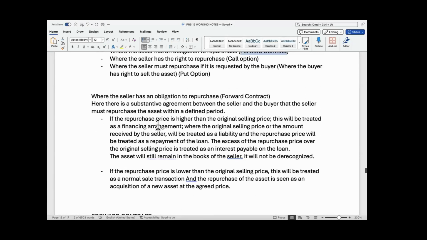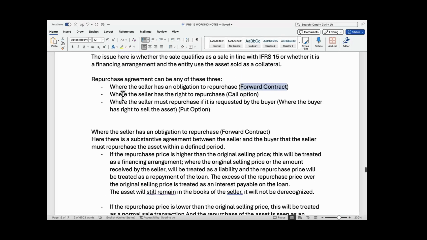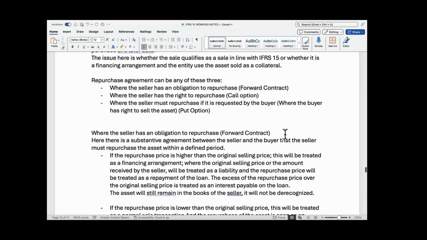I started with the first one, which is where the seller has an obligation to repurchase. I said that the agreement between the seller and the buyer is that the seller must repurchase the assets within a defined period.